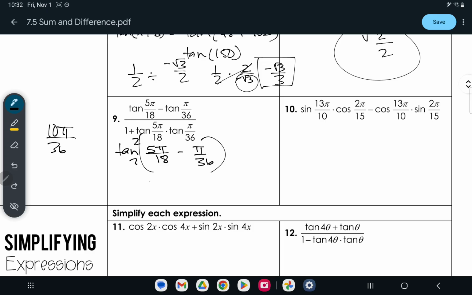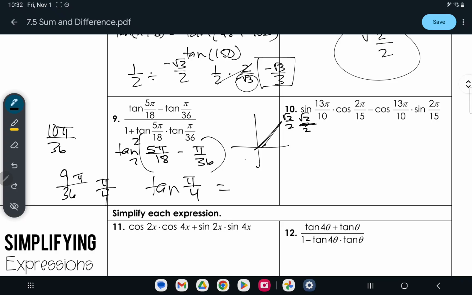And then 10 minus 1 is 9, so 9 over 36. And that reduces to 1/4. So pi over 4. So tangent of pi over 4. Well, pi over 4 is this one. We got root 2 over 2, root 2 over 2. So tangent is just dividing the 2 and you get 1.